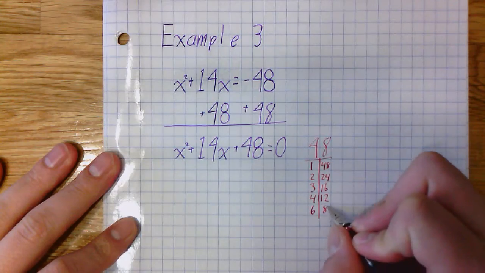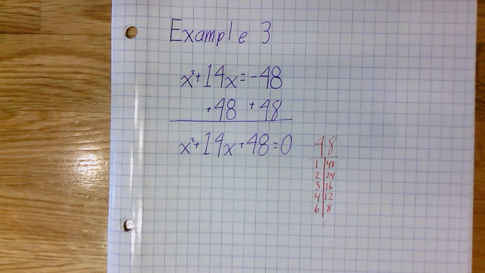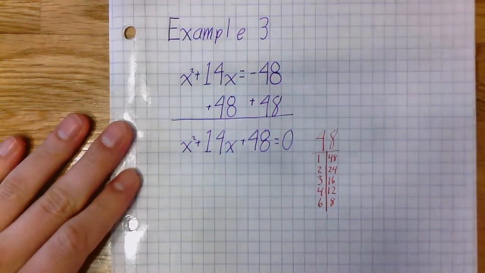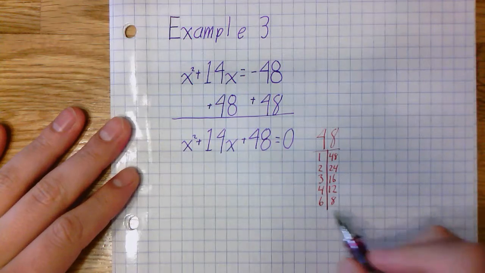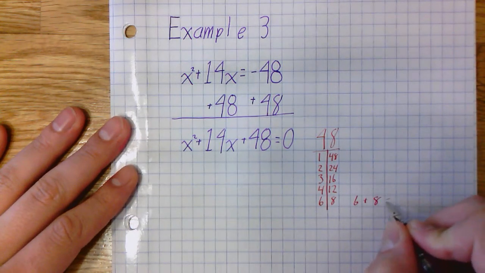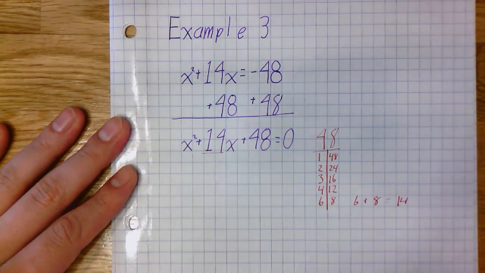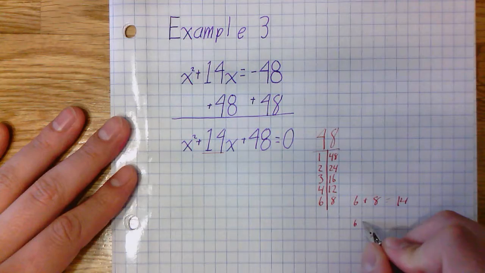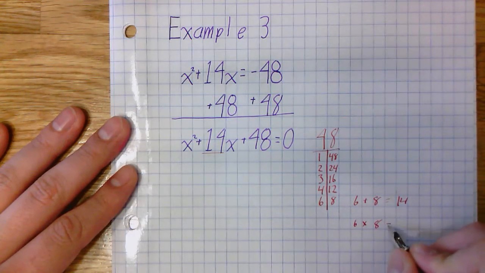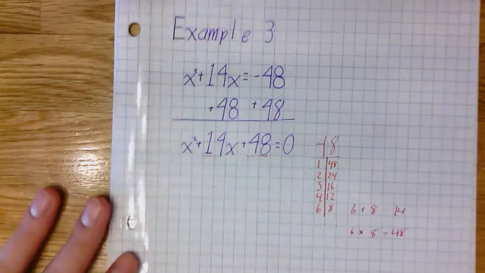Is it 6 and 8? The smart kid in the back has been screaming 6 and 8 for like 10 minutes, right? Okay, so it has to be 6 and 8, because 6 plus 8 is 14. That's our number right there. And then 6 times 8 is 48, which is our C term.